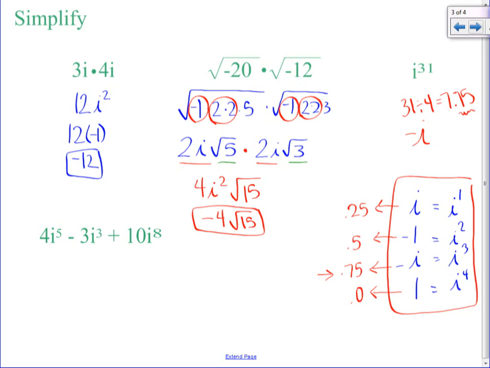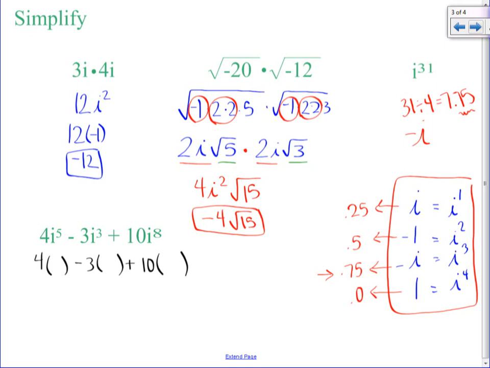So we're going to try that over here, even though these are much smaller. So we just want to replace these all with whatever their simplified version is using that shortcut. So we're going to divide each of the exponents by 4. Okay, so we take 5 divided by 4 and we get what? 1.25, right?